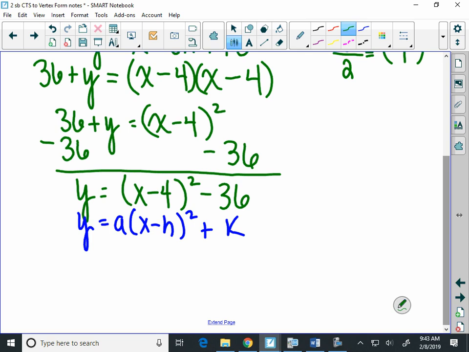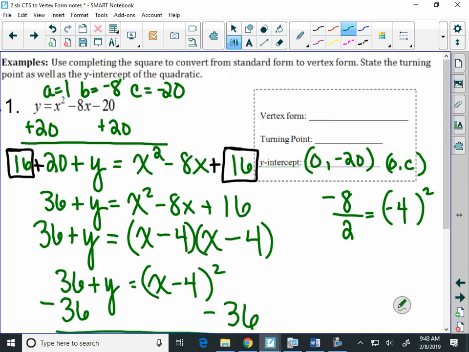But from this format, because this is the vertex form, that's what I'm going to write down up here in our box. y equals x minus 4 squared minus 36. And once we know the vertex form, we can identify the turning point. Again, change the sign, keep the sign. So 4, negative 36.